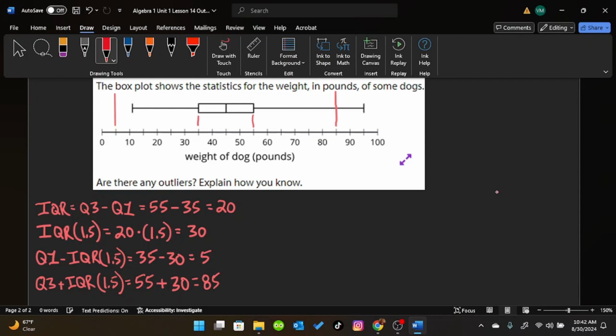Right here. We know there is at least one point at 95 because it is the maximum. There may or may not be points between 85 and 95. So anything that is out here would be outliers.